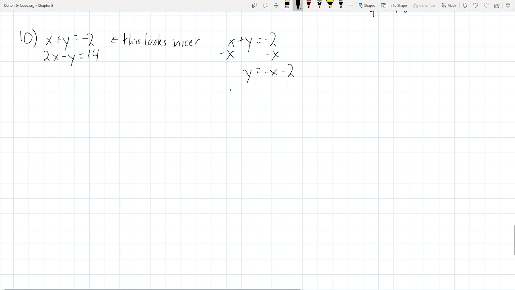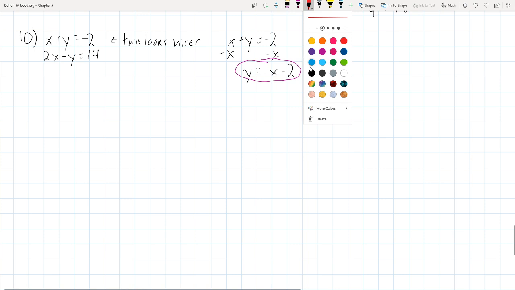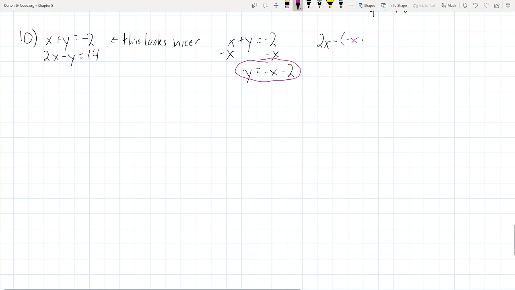Okay. Let's circle this in purple. I think I can actually have two colors. Oh, yeah. Okay. So now I'm going to plug this into the different equation. 2x minus negative x minus 2 equals 14.